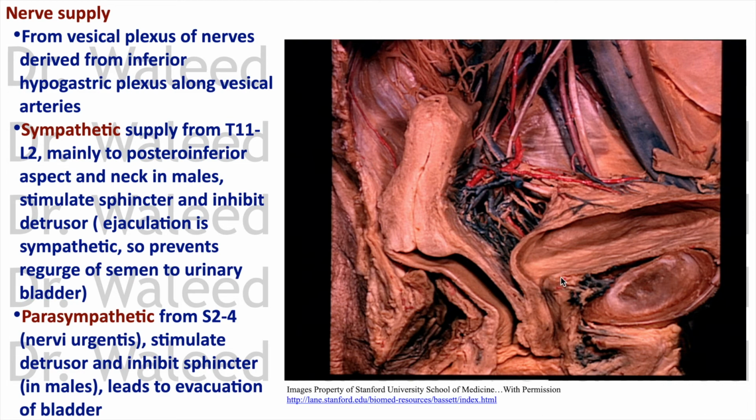Now, I told you about the uvula vesicae here. When there's senile enlargement, we'll talk about this. Let's talk about this with the internal sex organs in the male.